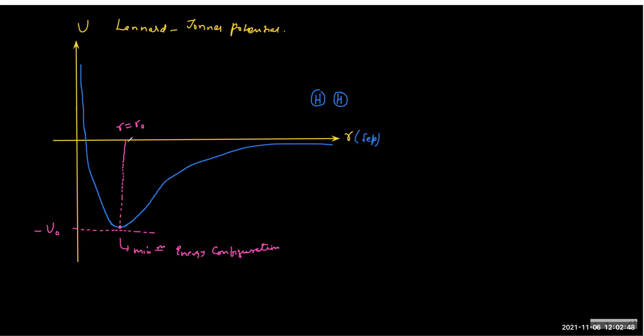This is the most stable position, the position at which the potential is minimum. We call it bond length. So in a molecule, the bond length is the separation at which the energy configuration is lowest among all possible values.